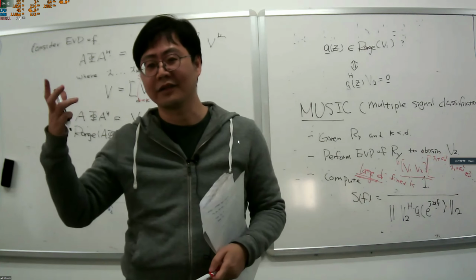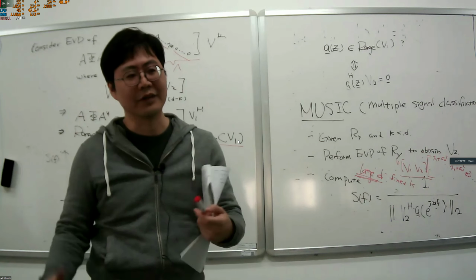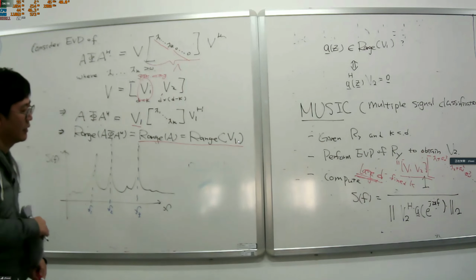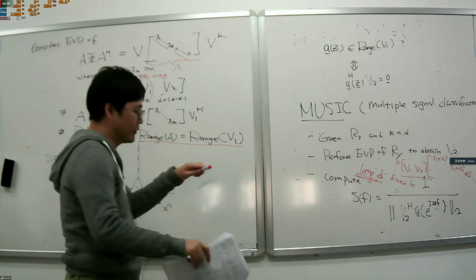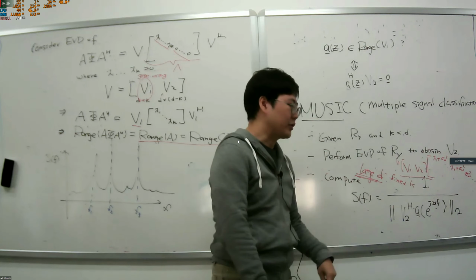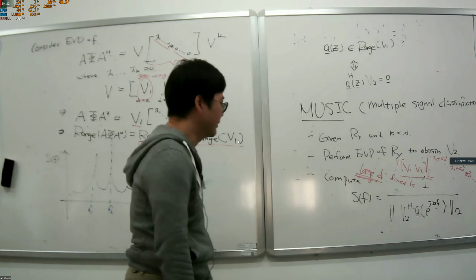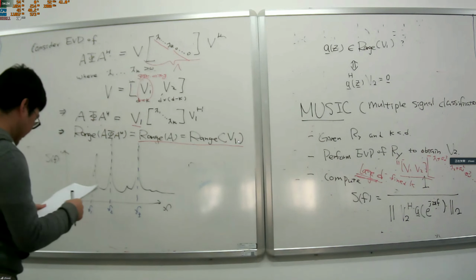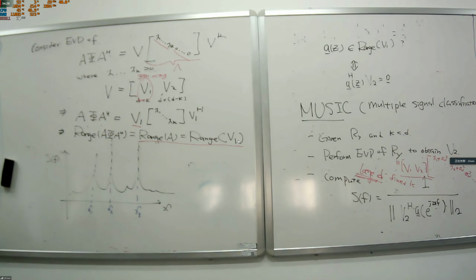So it's a complicated trade-off. If the noise is very small, negligible, then for larger D you will see better performance. Any questions?